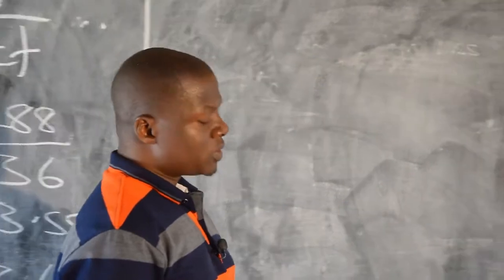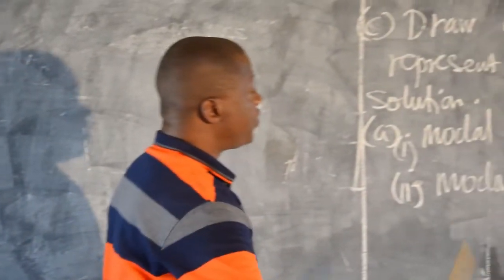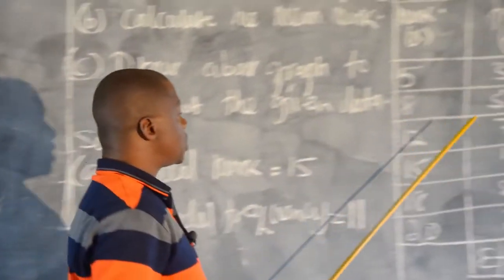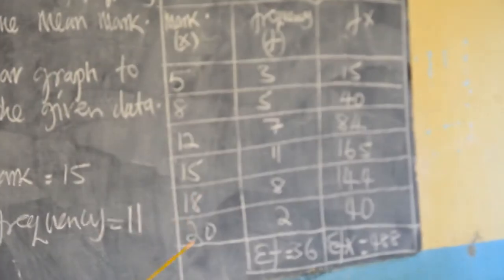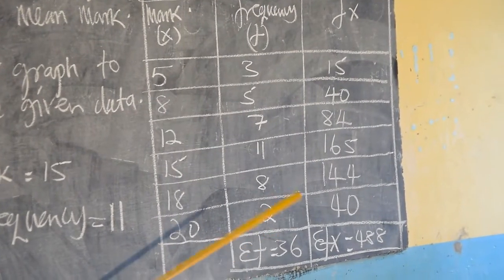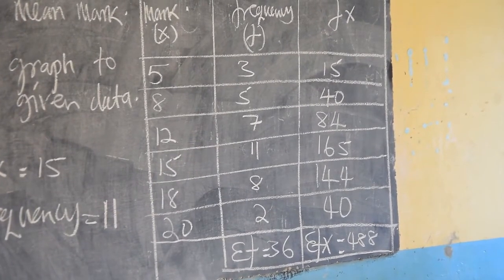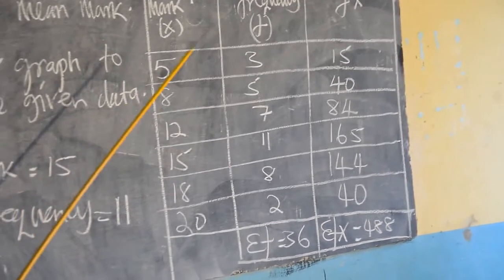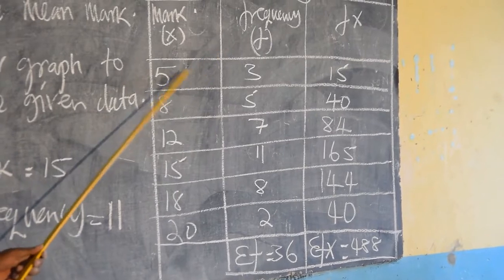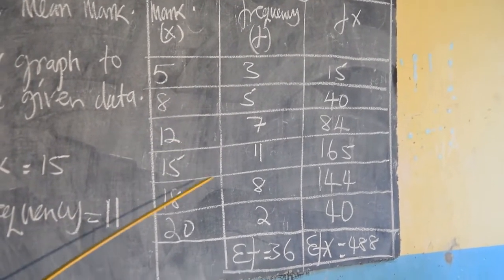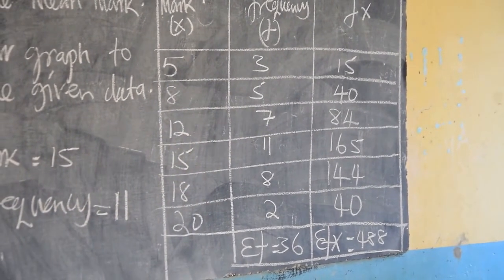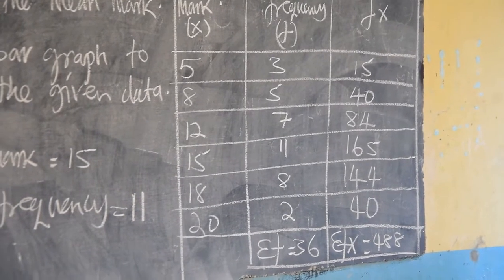When you observe, the highest frequency is 12 and the lowest is 2. When you look at the classes, we have the number of students 1, 2, 3, 4, 5, like that. There are 60 students.